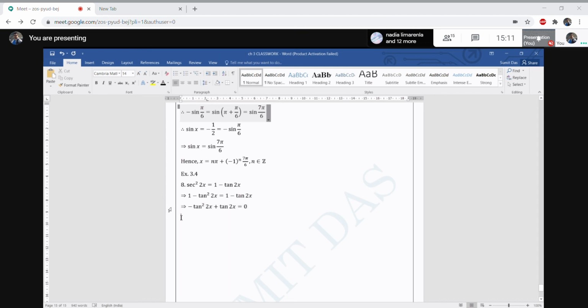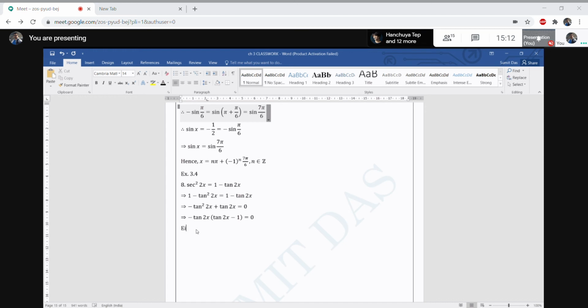So next line, if you keep tan 2x common, what will remain? If you take tan 2x common, what remains will be tan 2x minus 1, which is equal to 0, right?